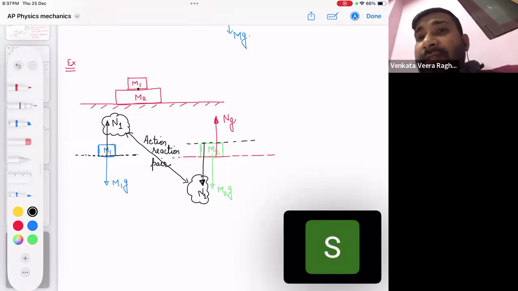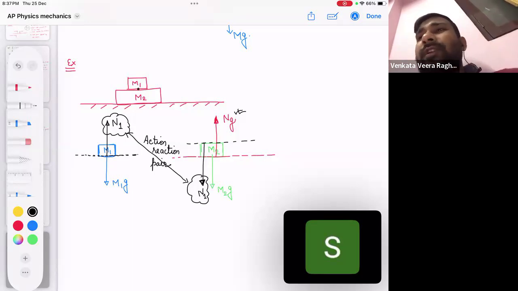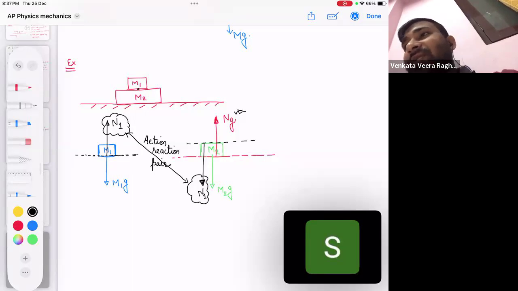Where will the reaction of m1g come? The reaction of m1g will come on the earth. Where will the reaction of m2g come? On the earth. Where will the reaction of the normal due to the ground come? On the ground, because the ground has applied the normal. But there is no use of drawing the free body diagram of the earth, because its mass is too large.